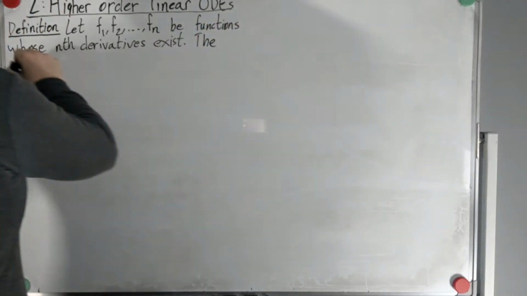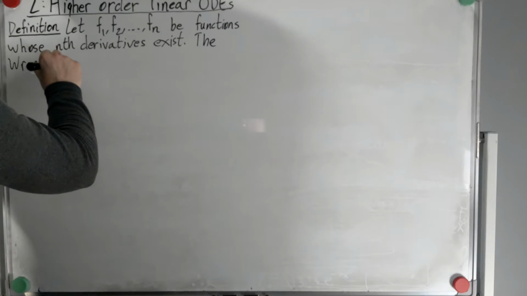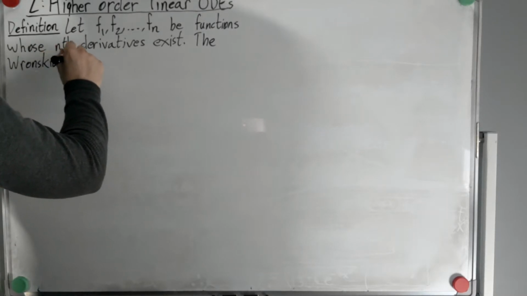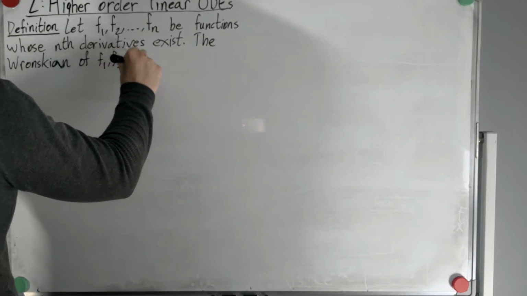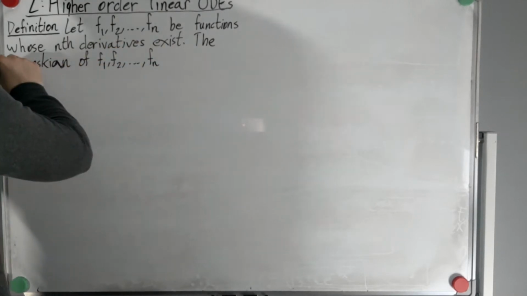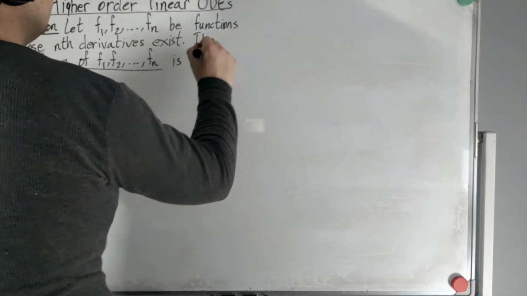The Wronskian of f1, f2, up through fn is the determinant.